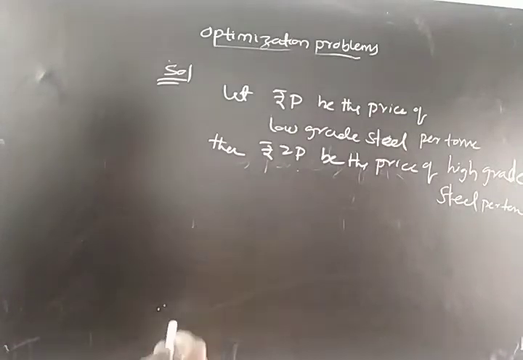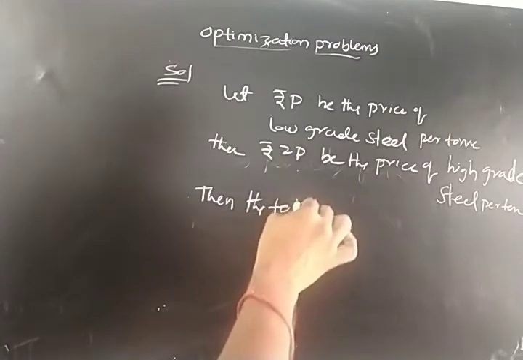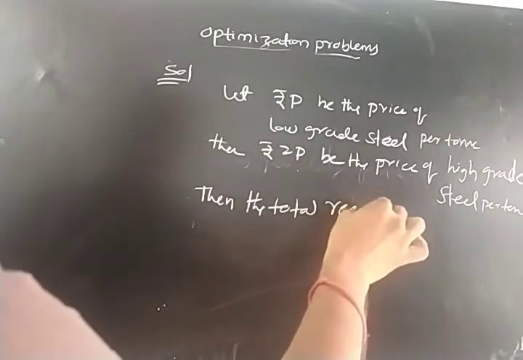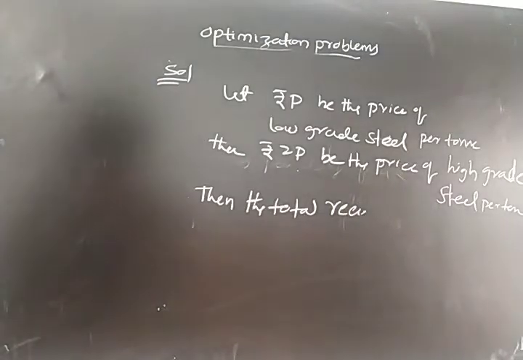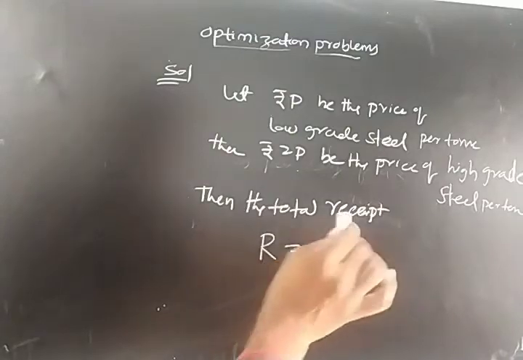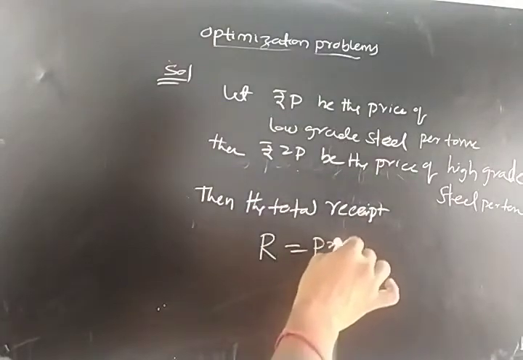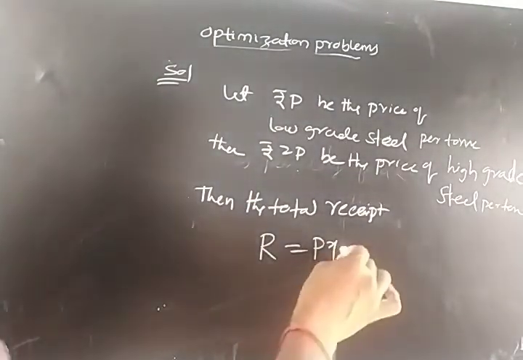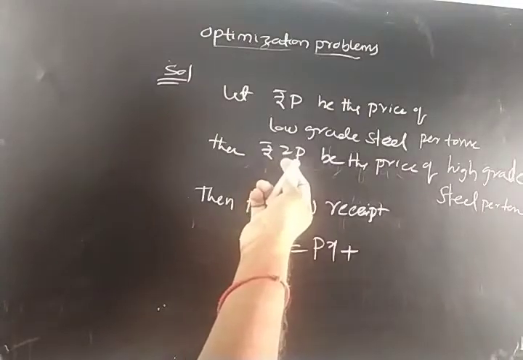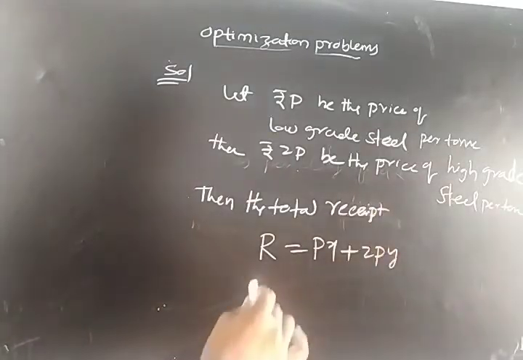Now total rupees, how to find number of rupees? So total receipt, I am assuming as capital R. So number of low grade steels are X, for each ton P. So P into X for the low grade steel rupees, plus high grade steel, each ton is 2P, number of high grade steels are Y. So 2P into Y. So Y also I am converting into X. Why?